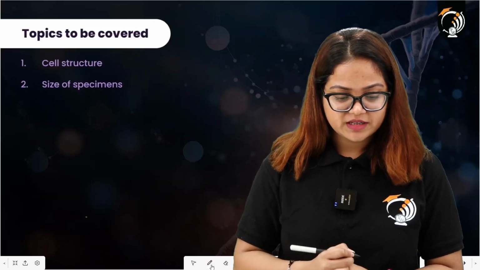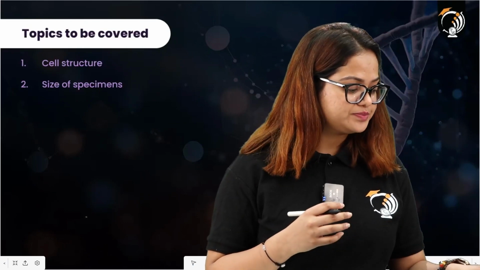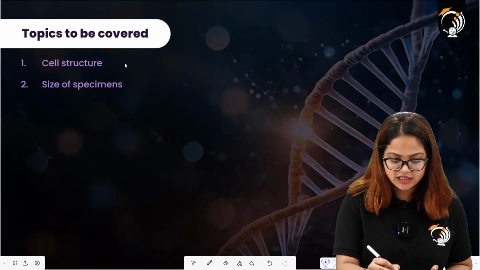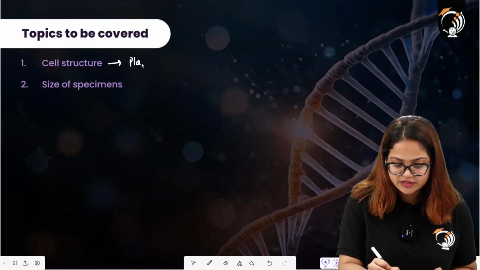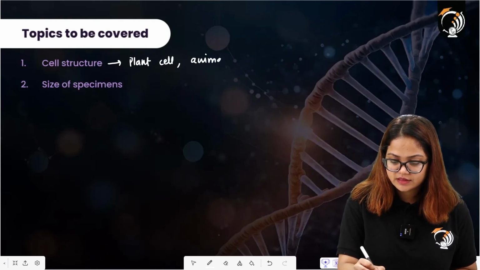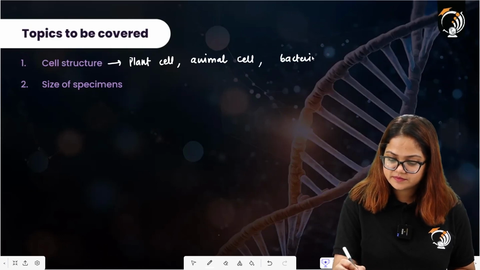Our first slide is about the topics to be covered in this session. That is the cell structure, in which we will be taking the plant cell, the animal cell and the bacterial cell.